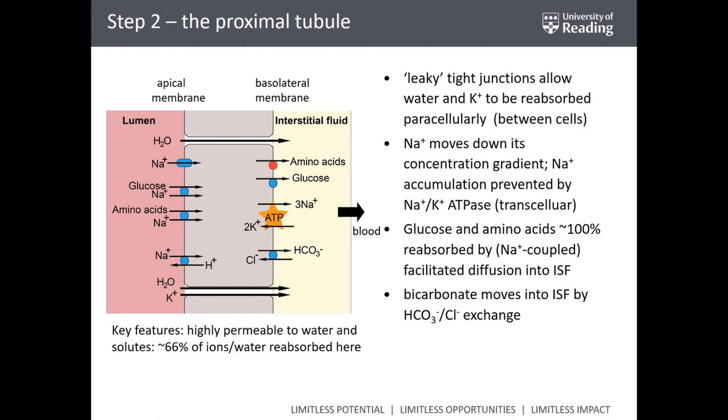But this process in time would somehow be limited, right? In the sense that if you are only driven by the gradient of sodium, at some point sodium will reach its electrochemical equilibrium.